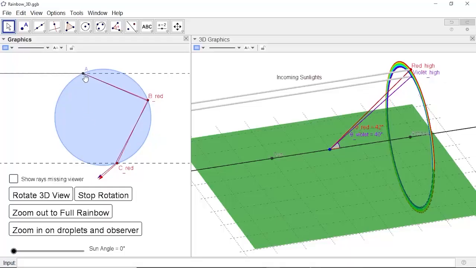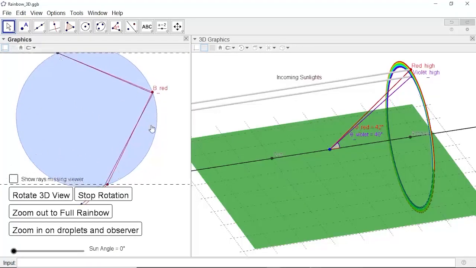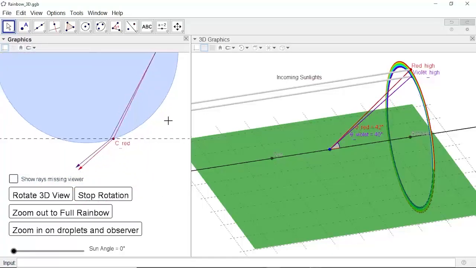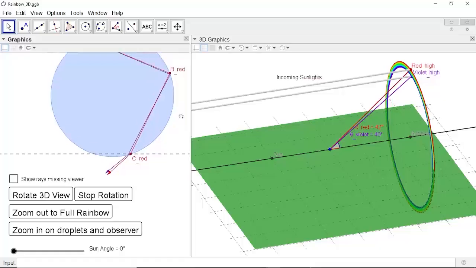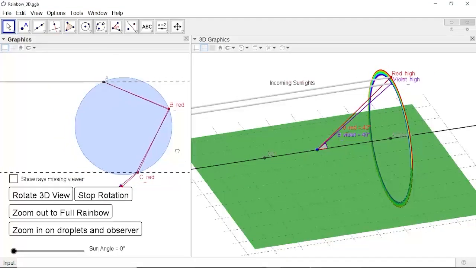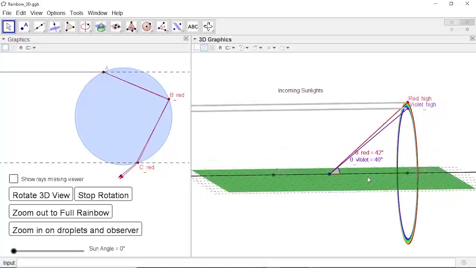The sunlight refracts into the drop at point A, reflects at point B, then refracts out at point C. Due to slight difference of refractive indices of each color, we can recognize 2 paths, one for red and the other for violet, resulting in viewing angles of 42 degrees for red and 40 for violet, etc.